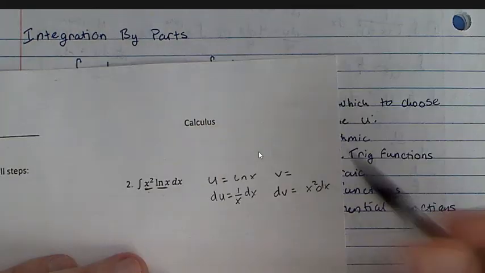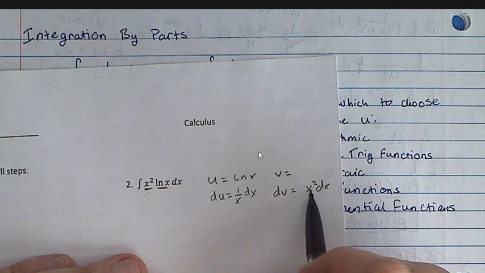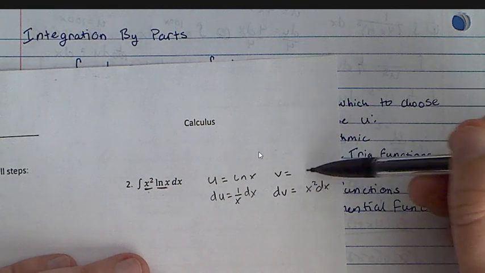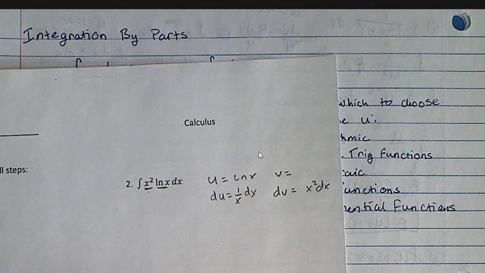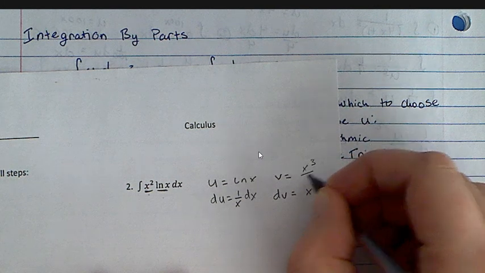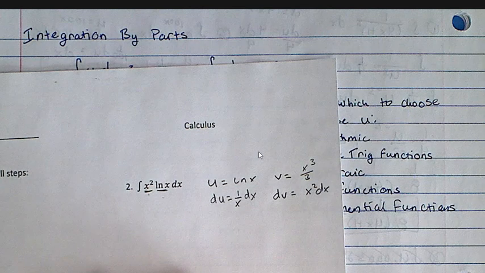Back over here, this is x squared, so we have to do the antiderivative of x squared, which is x to the third over 3.